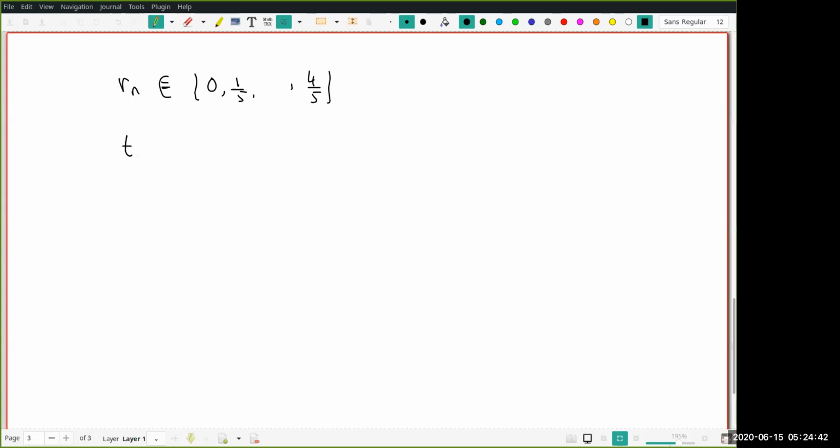Therefore, what should be my T_n? T_n is going to be the supremum of A_n, which consists of R_n, R_{n+1}, and so on. These numbers take values only here, and certainly I can find some number of the form 4/5. Therefore, the supremum is 4/5, and the infimum S_n is going to be 0.